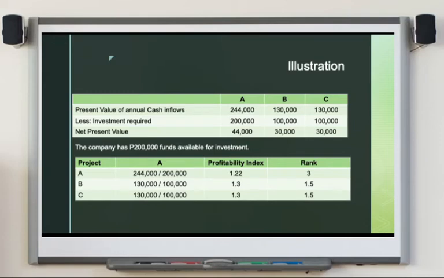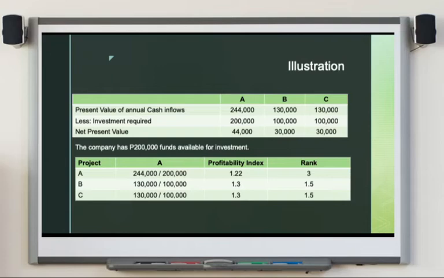Okay, so we have here three proposals, A, B, and C. The present value of cash inflows for each proposal are given: 244 for A, 130 for B, and 130 for C, for simple illustration purposes. We did not compute anymore for the original value, and you were given already the present value of an annual cash inflow.